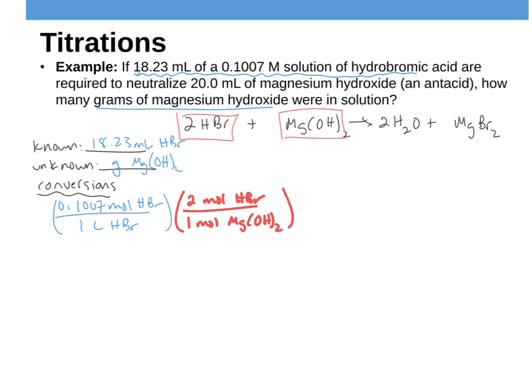I've got molarity right here, and I've got my mole ratio here. Much like the other ones that I've done, I got to use my 1,000 milliliters per liter conversion. And now this one is asking about grams of magnesium hydroxide. So I need to turn that mole of magnesium hydroxide into grams.